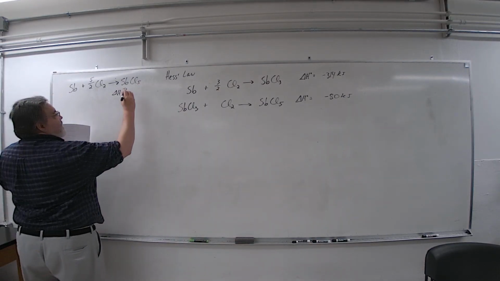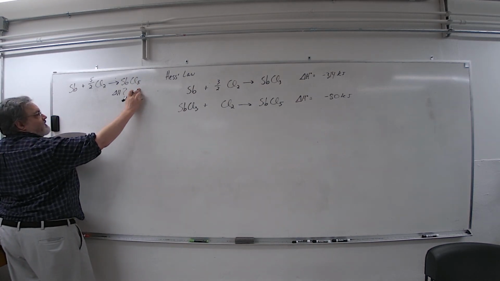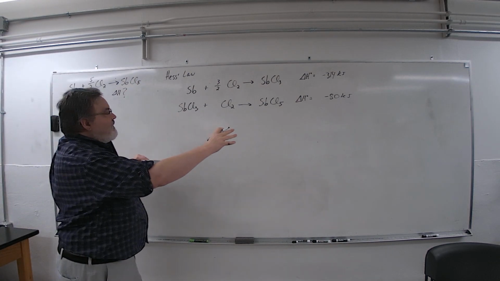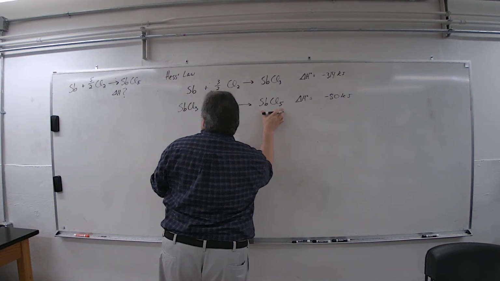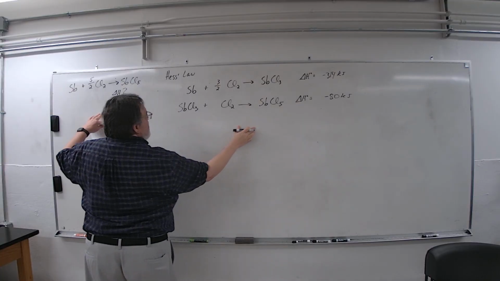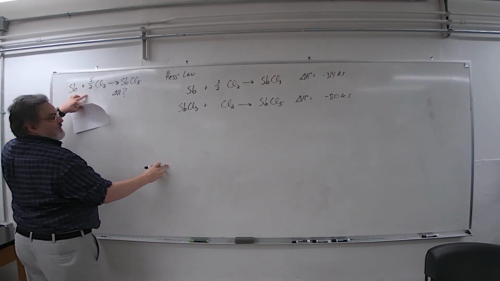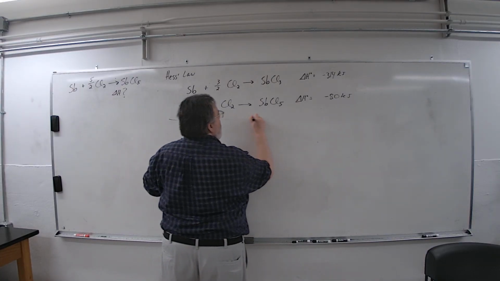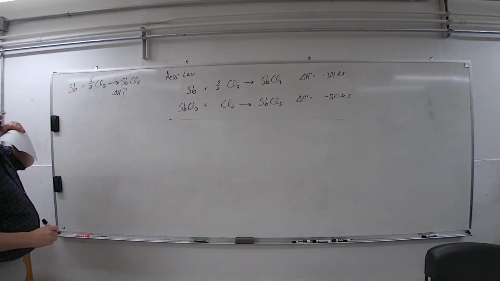First look here and realize we need to end on the right side of the equation with SbCl5. So I'll look over here. This one has SbCl5 on the right, so that's where I want it. The Cl's, I need 5 halves of Cl's. This is actually set up too good.